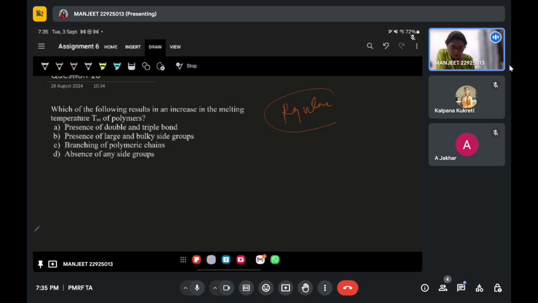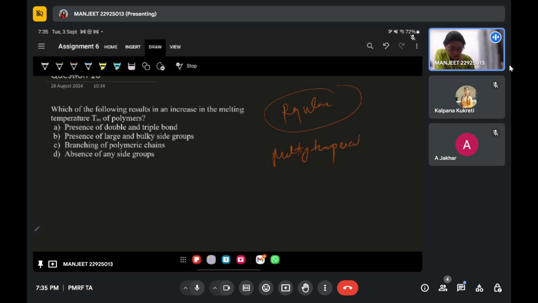That will determine your melting temperature. How tightly they are bonded basically gives you the melting point criterion. If they are tightly bonded, the melting point will be higher. If they are loosely bonded, the melting point of that polymer will be lower.